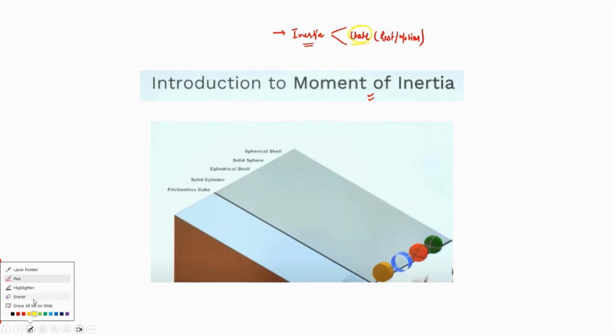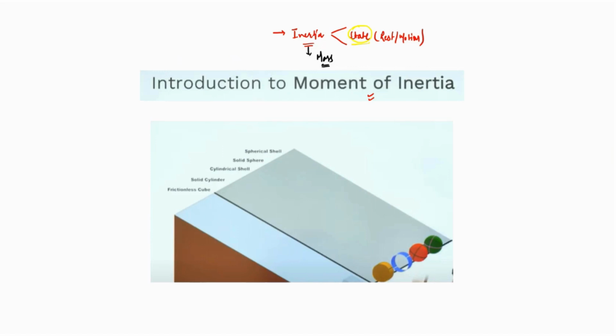Then we defined inertia. Inertia is not equal to mass, but mass gives us information about inertia. Mass is very much related to inertia.